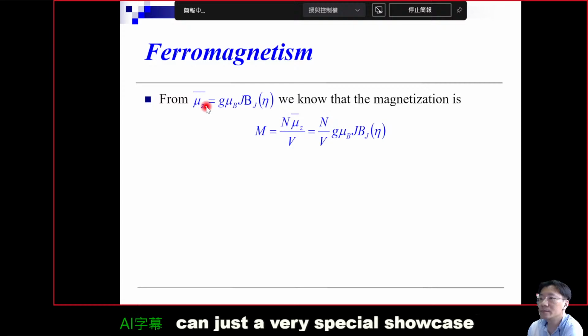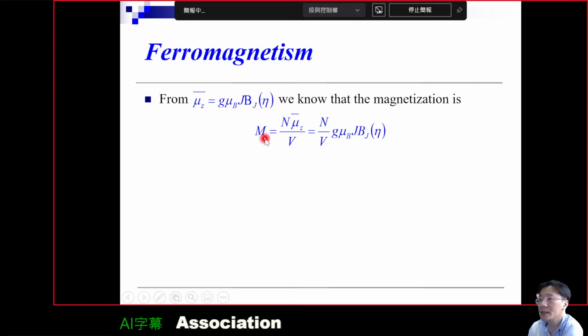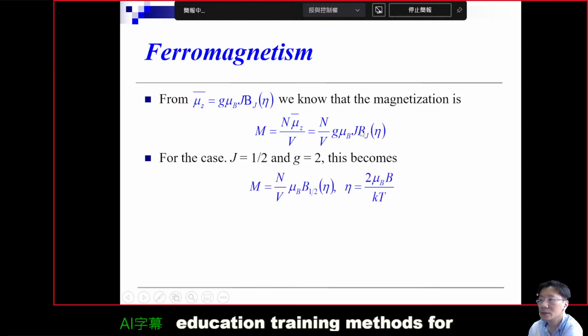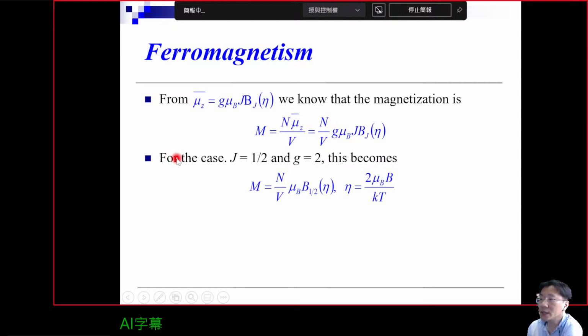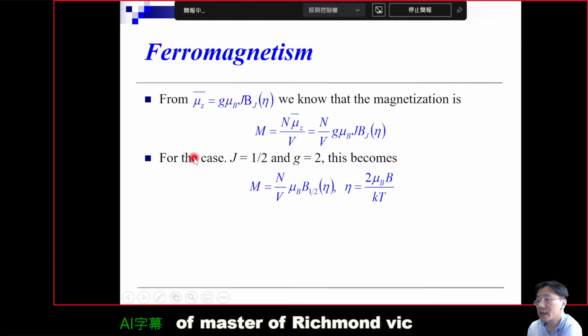Okay, so we also use the old equations like this one, and the magnetization can be written in this form. This is the typical definition of magnetization. So the magnetization is the sum of the average magnetic moments divided by the volume. Okay, and we can demonstrate in a very simple case.